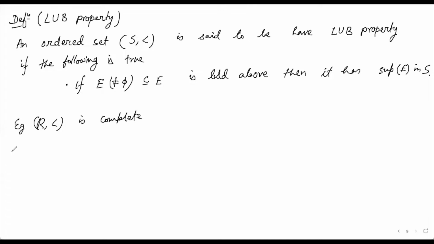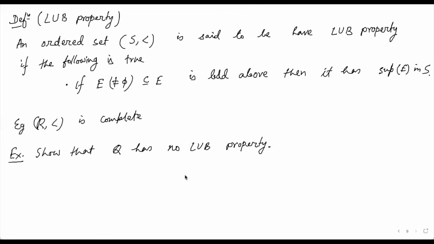So we have an exercise here. Show that Q, the set of all rationals, has no LUB property.